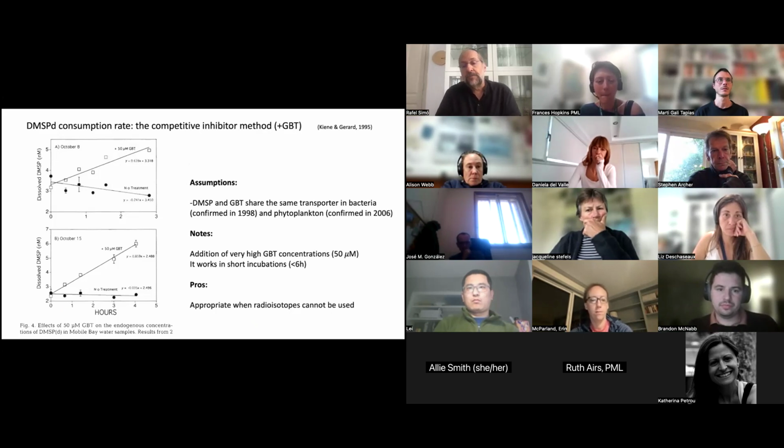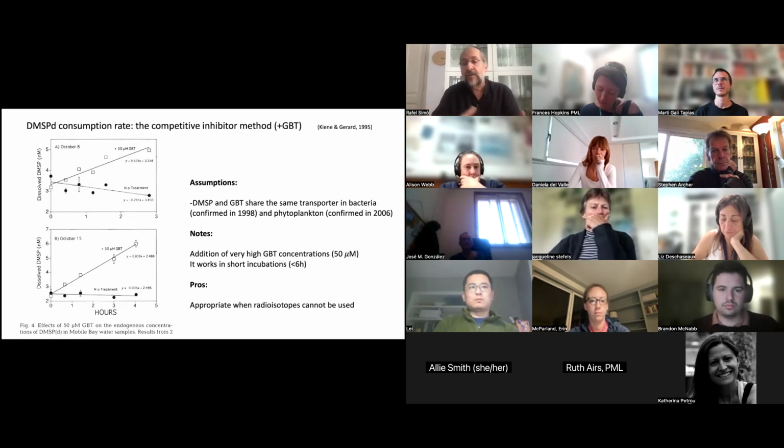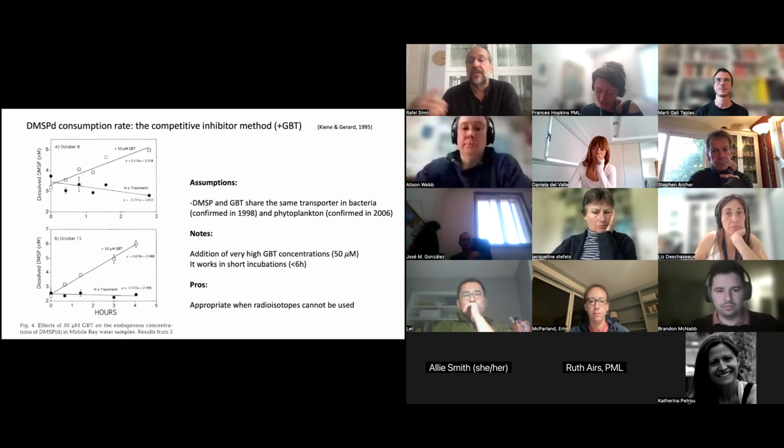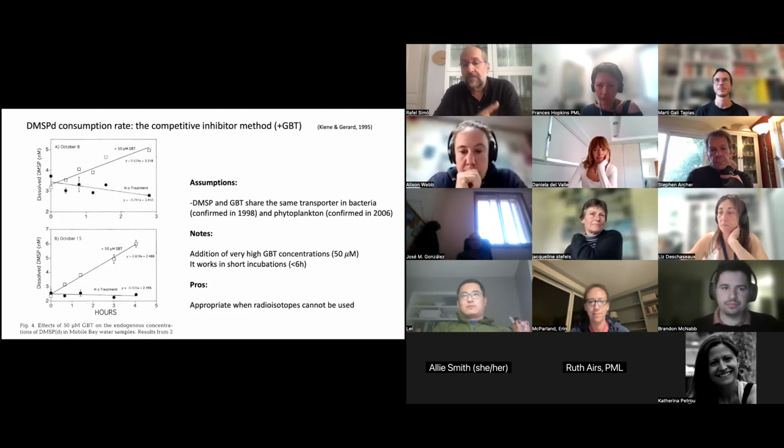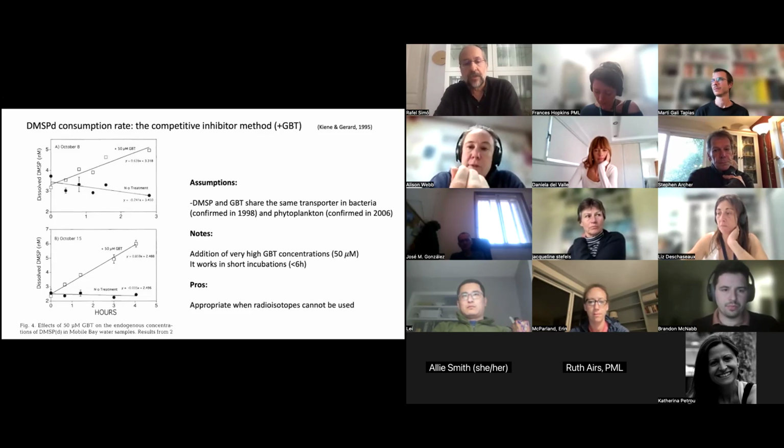The way it works is by adding a compound that the microbes take as their target compound, and this way you stop the consumption of your actual target compound. This is why it's called a competitive inhibitor. It's not killing the microbes, it's not inhibiting the microbes, it's just making them get confused by the inhibitor so that they are not busy in the consumption of your target compound.